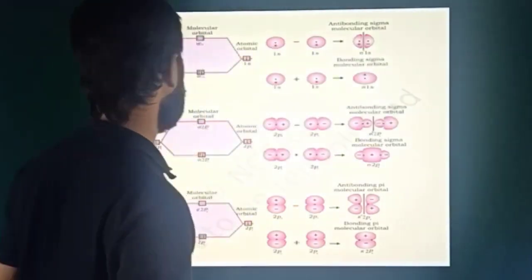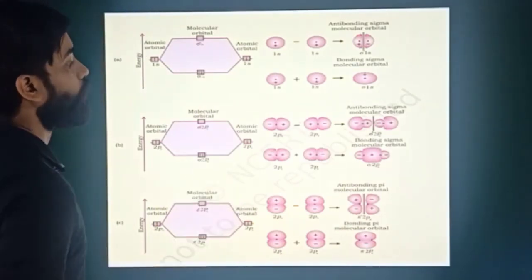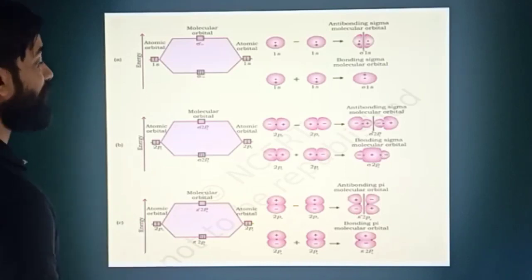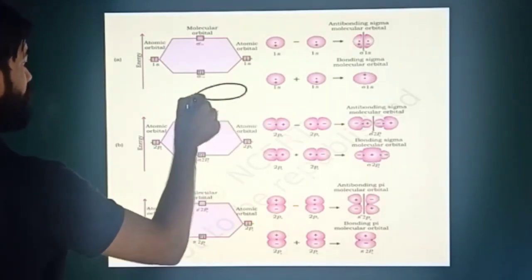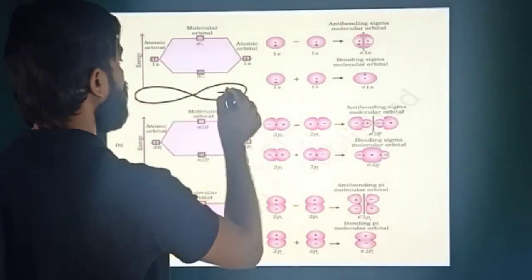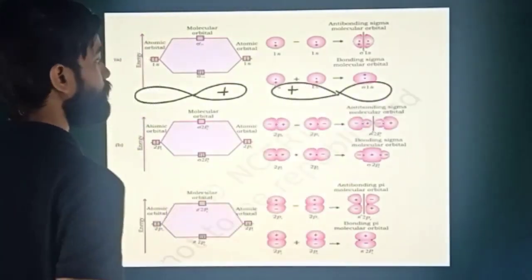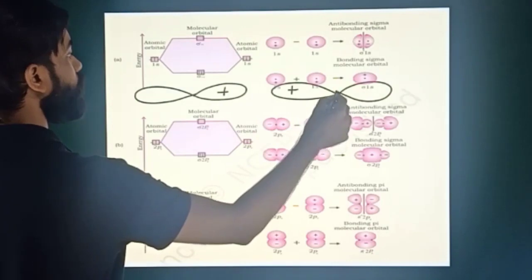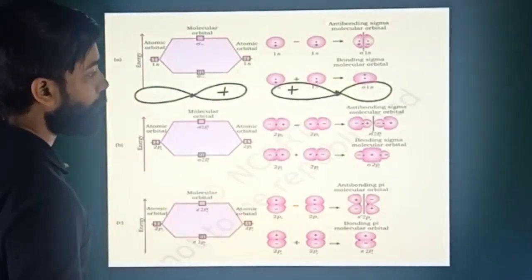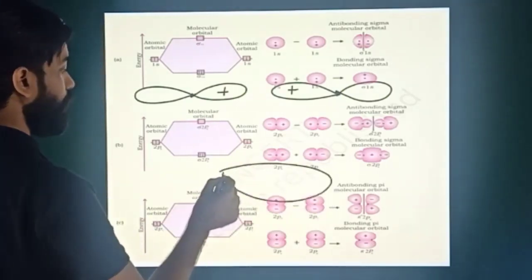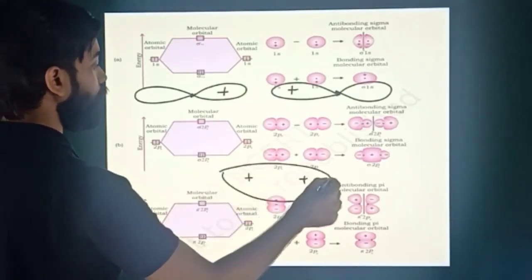The next, the very same kind of combination by what? By pz orbitals. When the pz orbitals undergo additive combination, here is your nucleus, then they bring a large orbital where the nuclei are here.